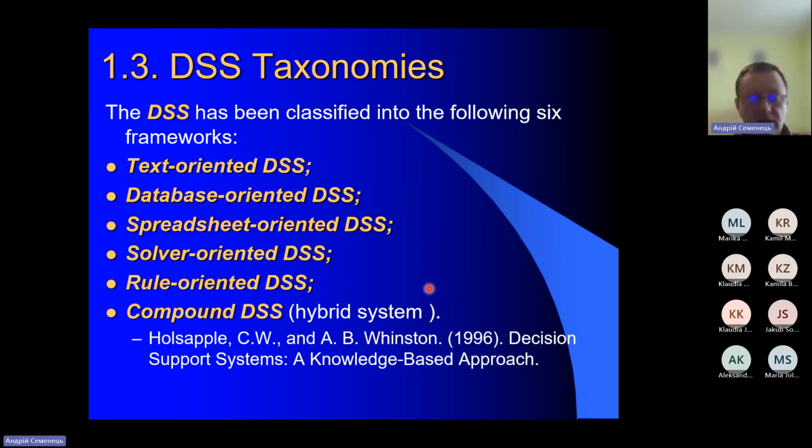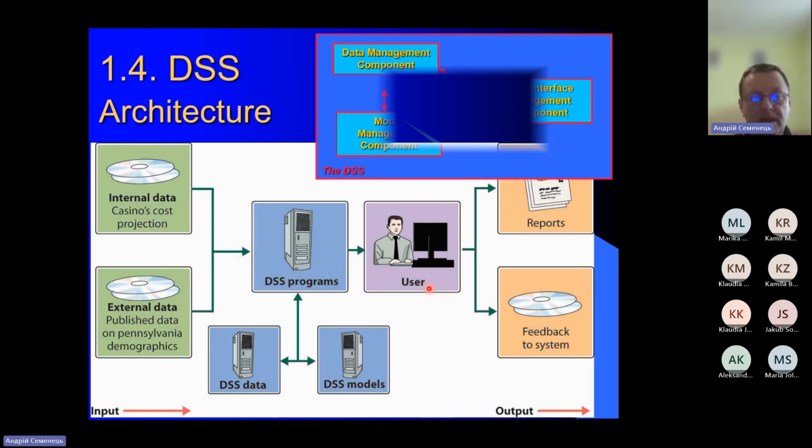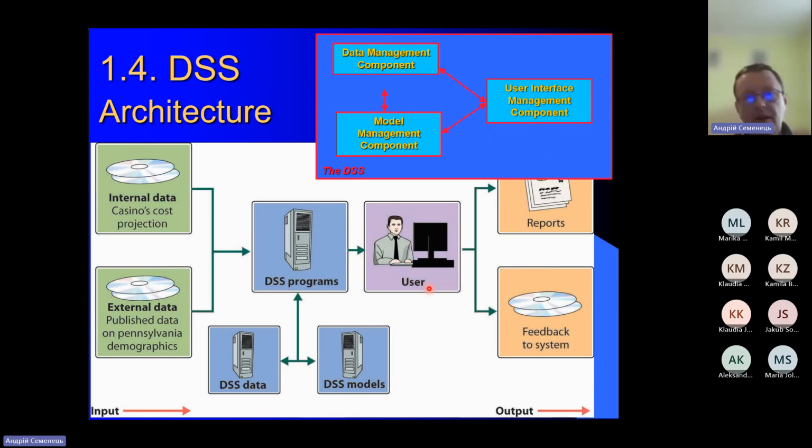So here are at least 3 different approaches for taxonomies already presented. Now, a few words about architecture or structure, how it is composed and of which parts, for conventional DSS. Here we have above a simplified, and below a little bit extended structure, but again, almost no difference.